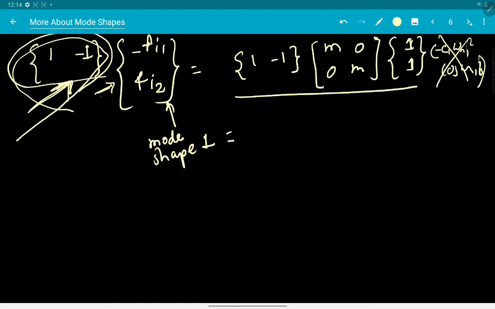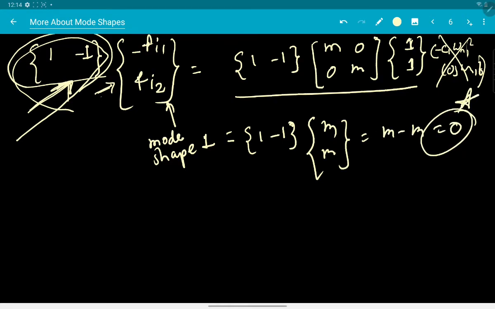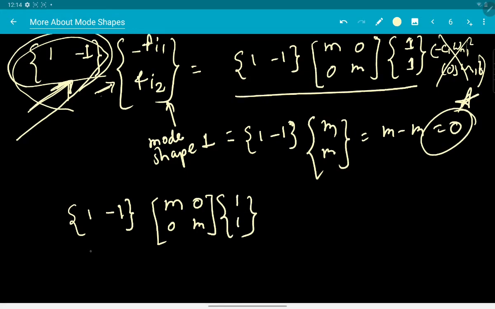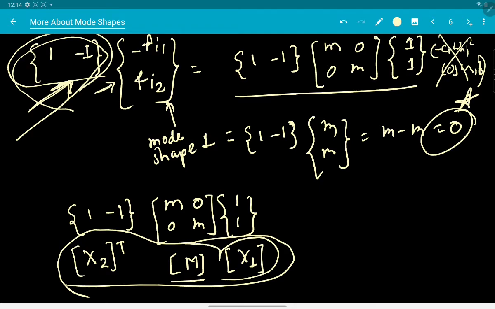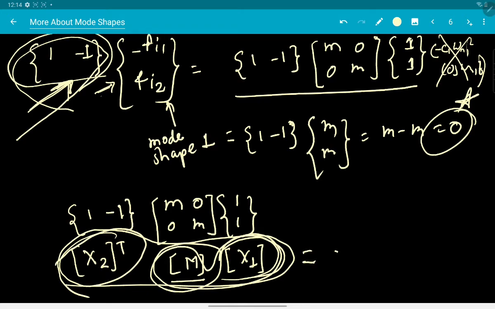If you do this calculation, you will see that it comes out to be 1, minus 1, times m, m, which is m minus m, which equals 0. So we pre-multiply by the transpose of mode shape number 2 the mass matrix times mode shape number 1, and that comes out equal to 0.